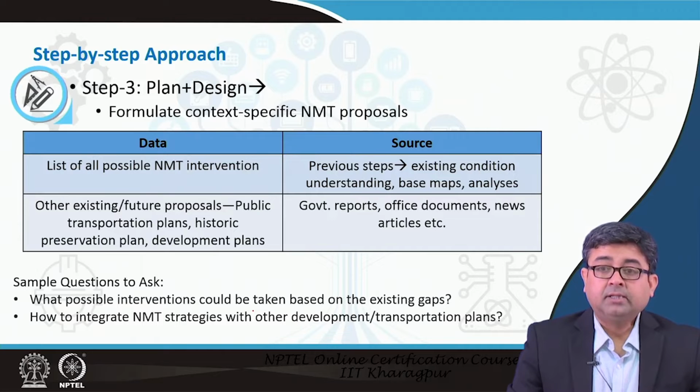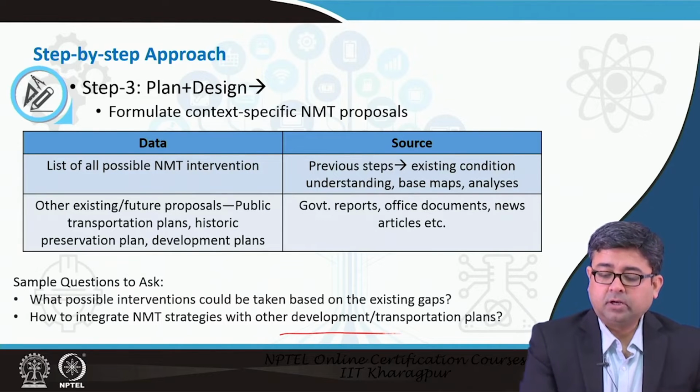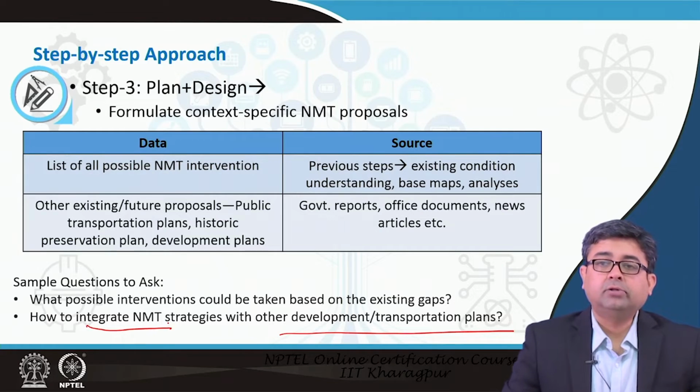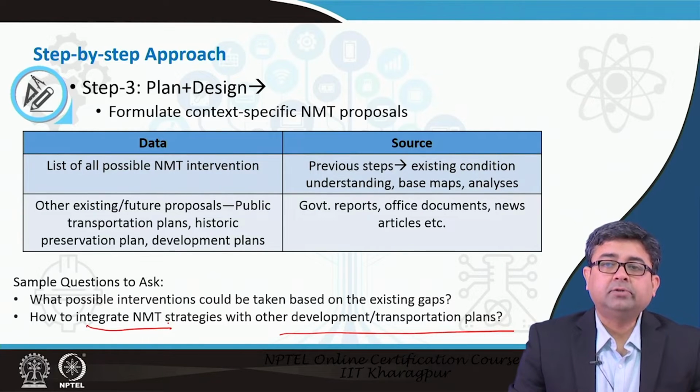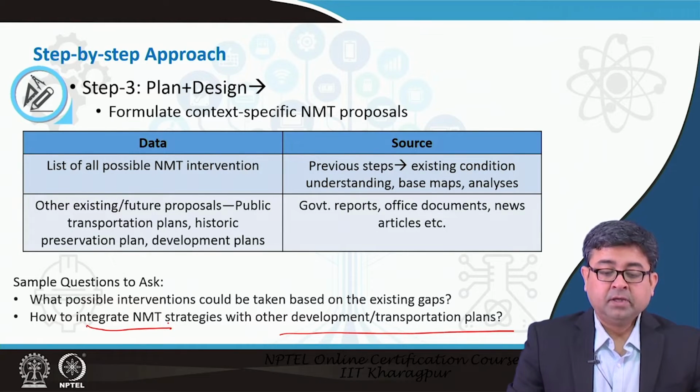The second question is how does that NMT solution integrate with other transportation modes or other transportation plans. It is not a good thing to develop an NMT solution in isolation. It has to be well integrated with other transportation modes as well.